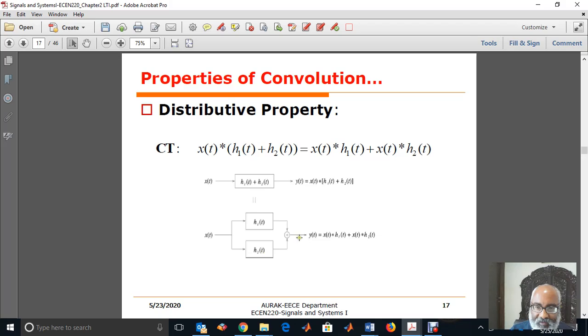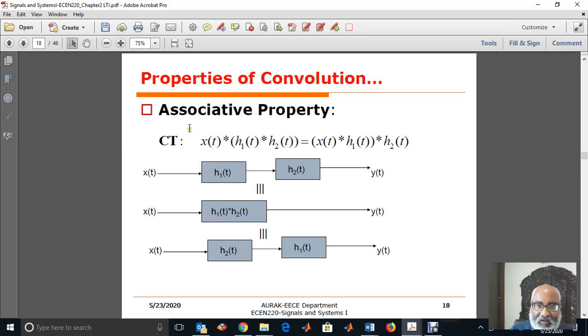That means y1 of t is x of t convolved with h1 of t, and y2 of t is x of t convolved with h2 of t, and the overall output is the sum of the two. Again, these properties are useful to simplify the computation of convolution. If I have a complex system, I can break it into two simpler subsystems and perform the convolution integral.